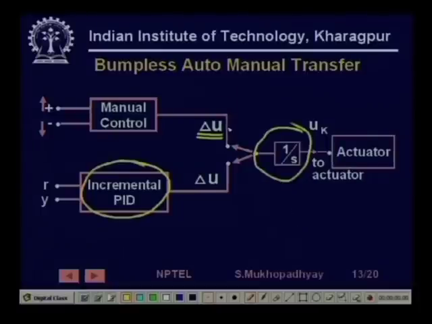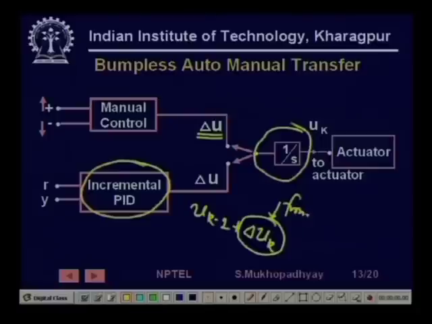Suppose up to u(k-1) you were in manual. Now, between the time instance k-1 to k, you have flicked the switch to auto. What will happen is that now a u(k-1) plus delta u(k) term will be added to the actuator, and this will come from the auto mode.